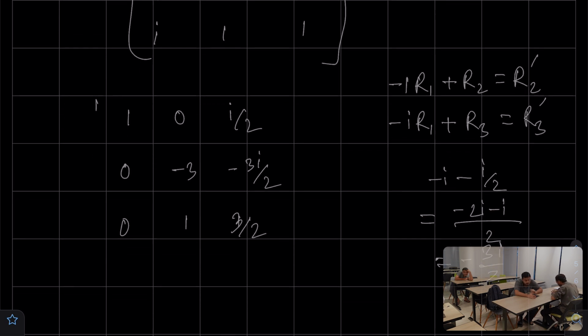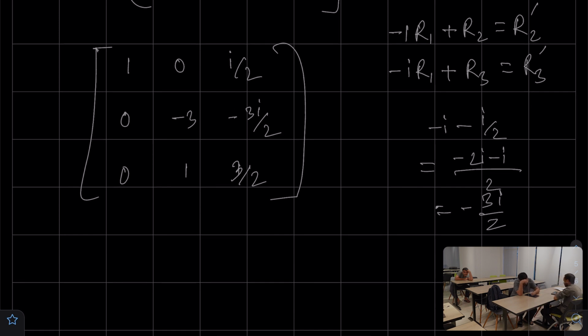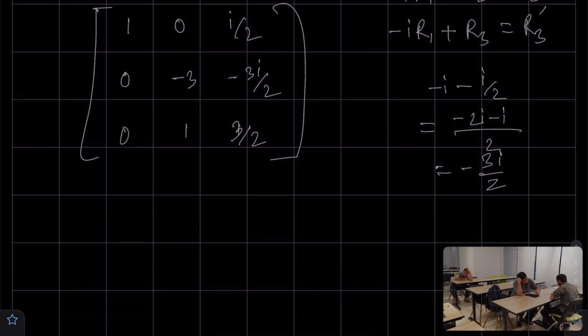Then what will be your next operation? So you, R2 divided by minus 3. Yeah. So you can do it like 1, 0, I over 2, or you can do another thing here.